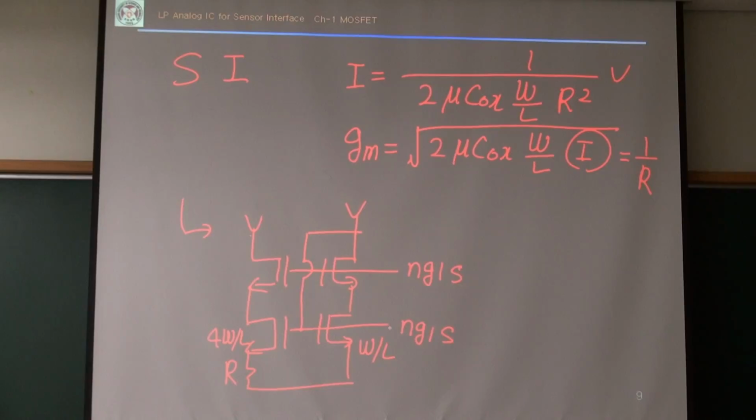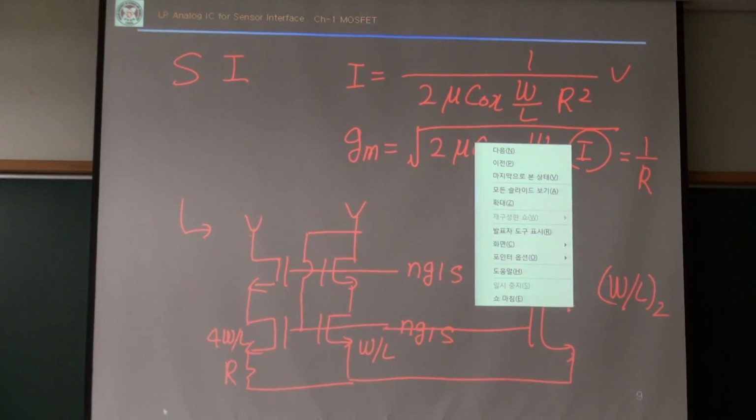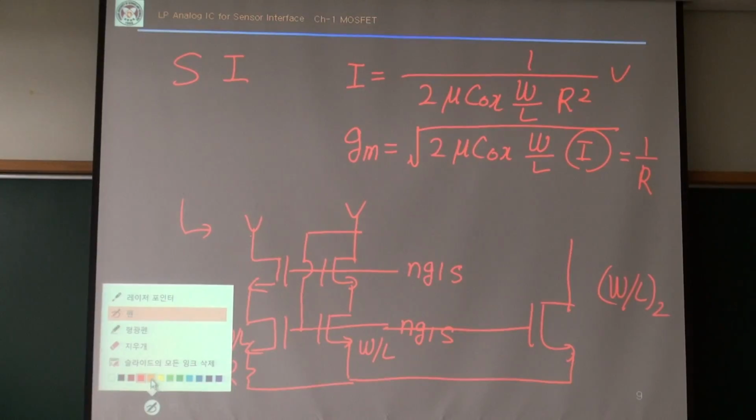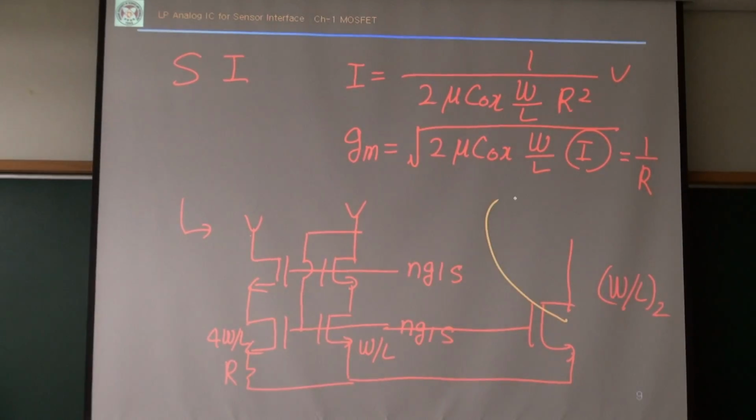So GM biased by this current source is all proportional to 1 over R. If W over L2 is connected there, the GM of this transistor will be just the W over L ratio over 2 over W over L times 1 over R. So GM is proportional to 1 over R. This is for strong inversion.